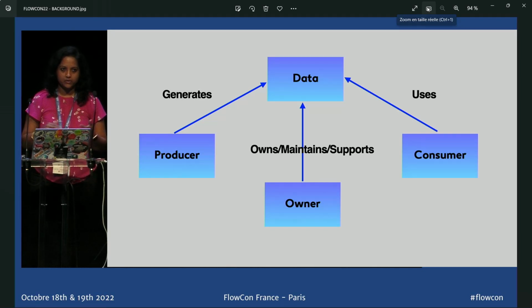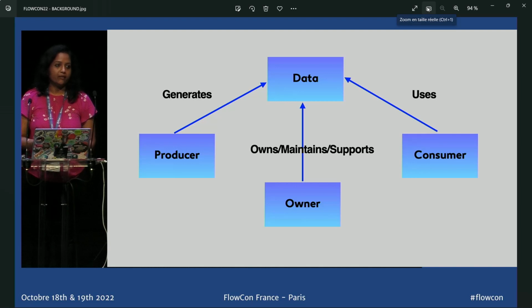It could be anybody who's producing this data and bringing that data into your organization. They normally agree on a contract called schema in most cases, and their responsibility is to produce the data which abides by that contract, which sticks to that contract. And they are sending the data at an expected frequency.